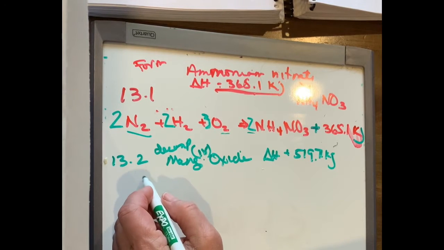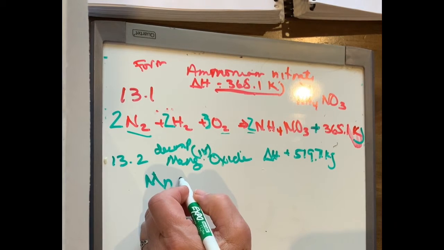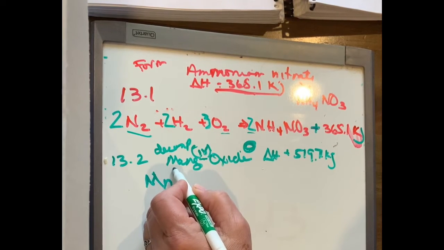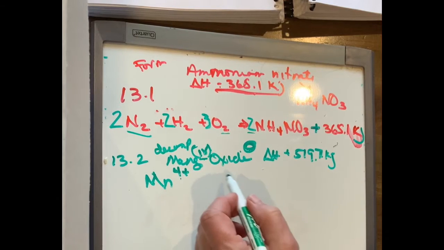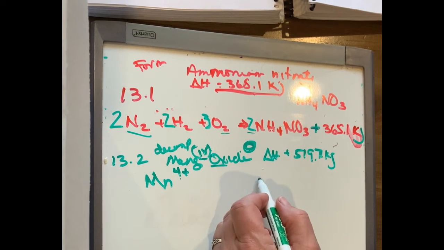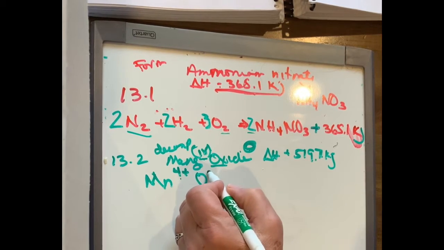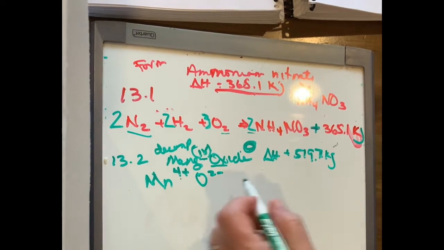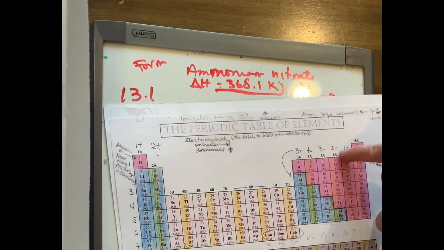According to the book, the manganese is in the transition metals. Of this, it tells us that manganese is a 4+, right? If we look up O2, we know that O is a 2-. Okay, so there's your 2 that's minus, so 2-.